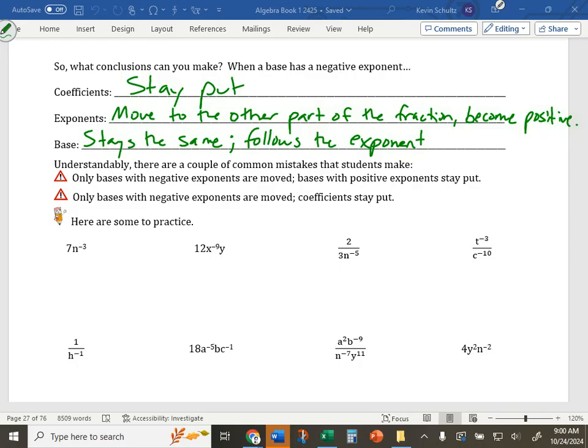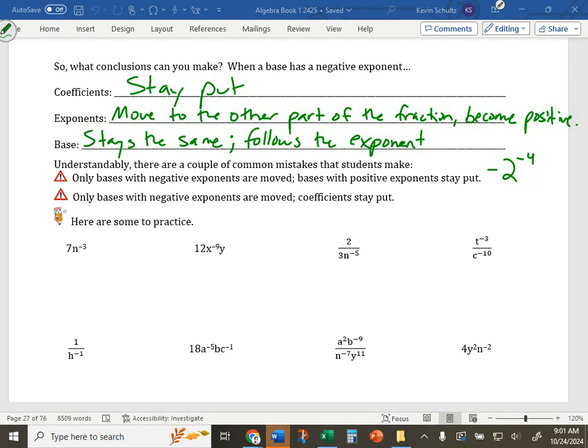Lucas? How do you work with a negative number to a negative power? It depends on if that negative number is in parentheses or not. So if you had something like negative 2 to the negative 4th power, is that kind of what you're asking? Okay. Is that negative sign part of the base?